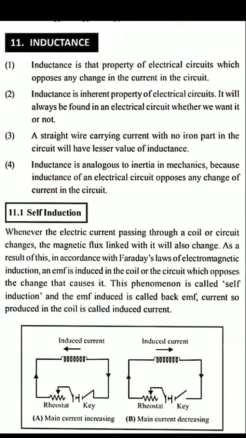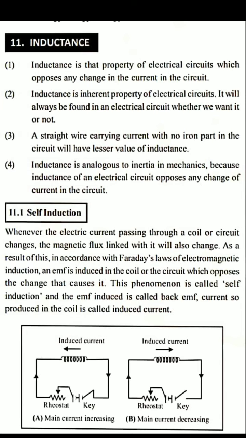You see this circuit, the main current increasing and the main current decreasing. Whenever the main current is increasing, normally the current direction will be positive to negative. Due to the change in current, because the current will be increased, the magnetic flux linked with the coil will also change. That means it will also increase. As we already discussed, inductance is the inherent property, it will oppose the change in current.